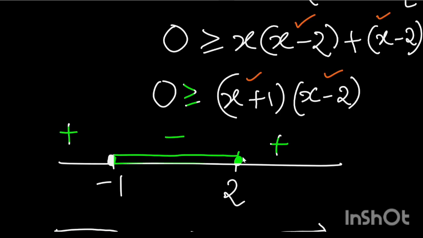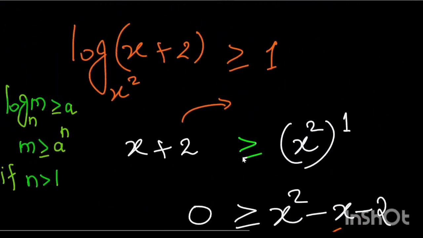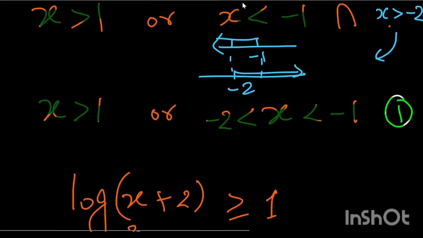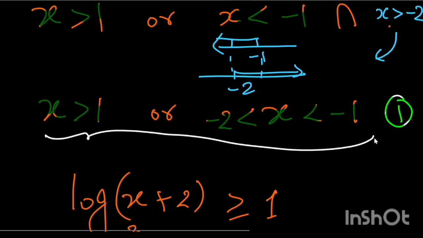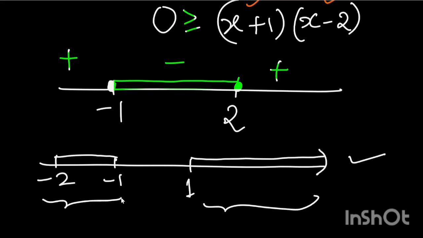We will take intersection with the domain which was minus 2 to, this domain needs to be taken into consideration. So this we will plot here, x greater than 1, this one, x between minus 2 to minus 1.